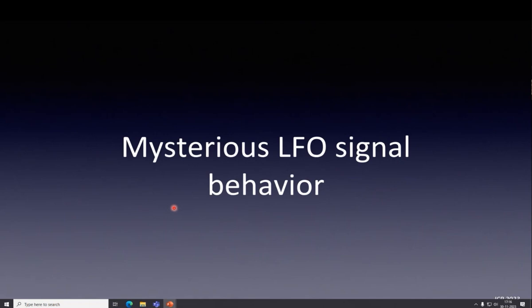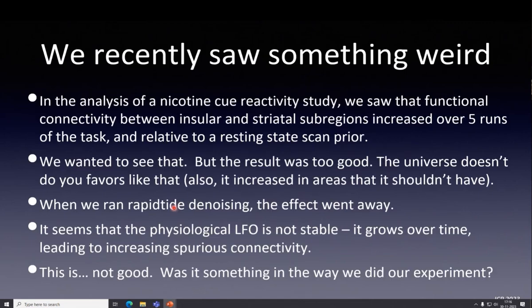Because now I want to talk about the mysterious LFO signal behavior, because Alex wanted to talk about it. We recently saw something weird in one of our experiments. Some of my collaborators, despite my advice, still try to look at neurons. So I worked with a group that was doing an analysis of nicotine cue reactivity.